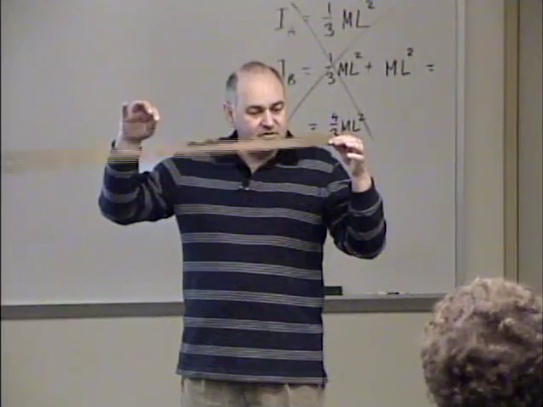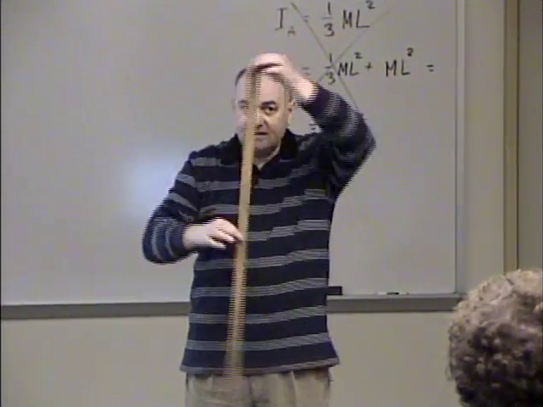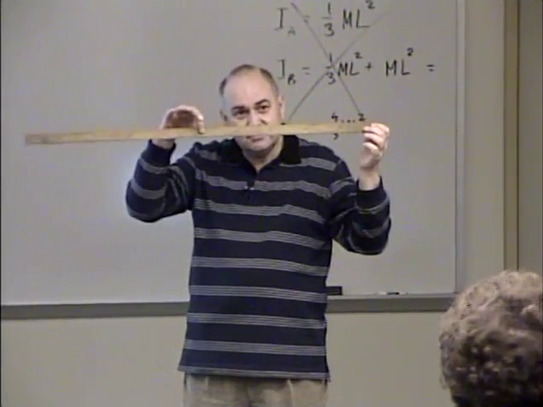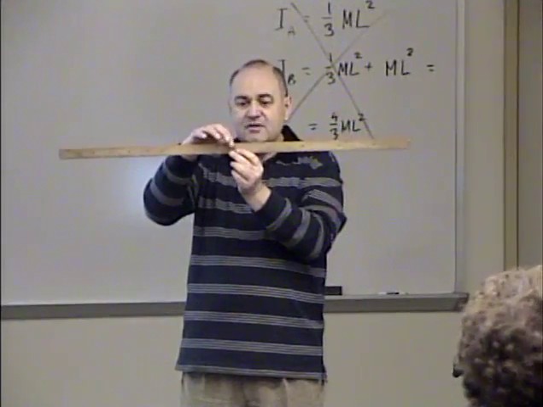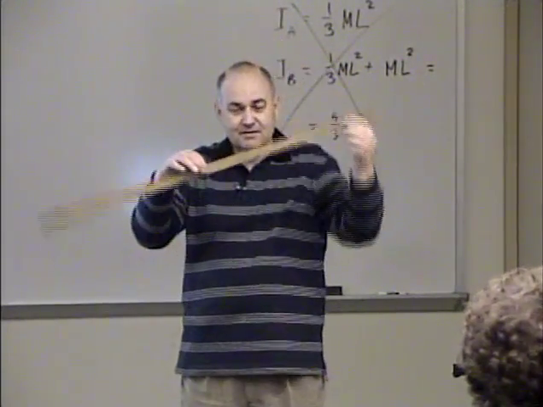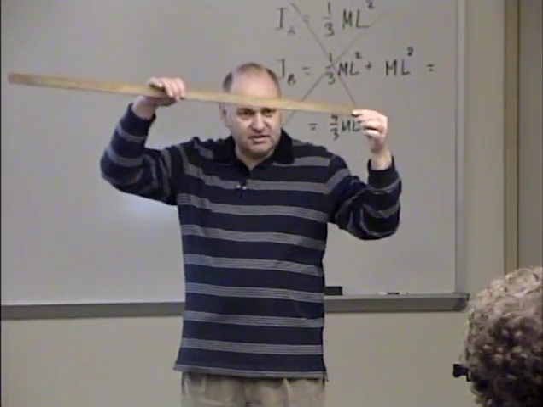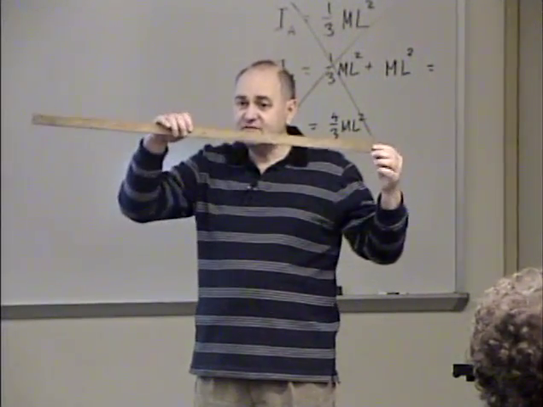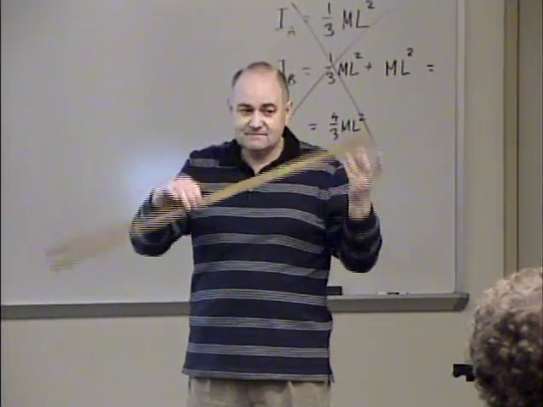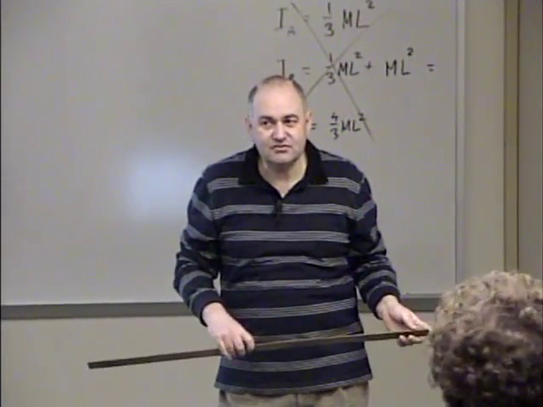If the object rotates like that about this point, it rotates like this about that point. So the rotational kinetic energy about this point is less than the total kinetic energy of this object. And what's the difference between them? The translational kinetic energy, correct.